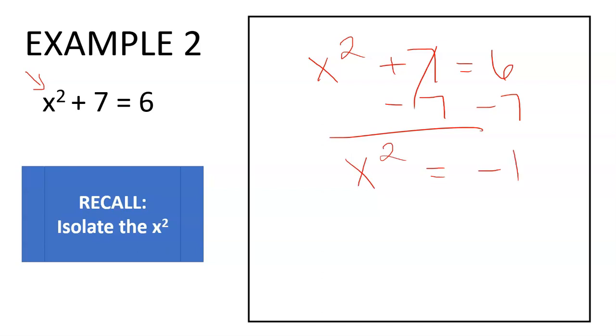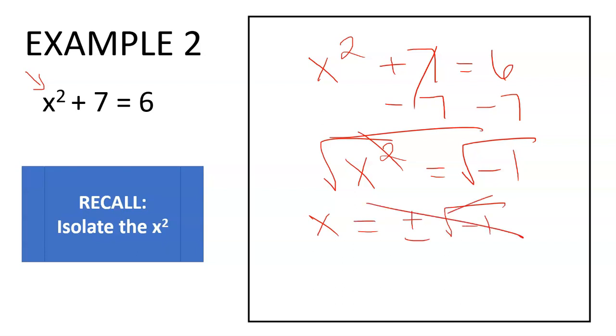I then want to take my square root of each side so that I can cancel those out. But can we get a square root of a negative number? No, this cannot happen. So actually, this answer is no solution.